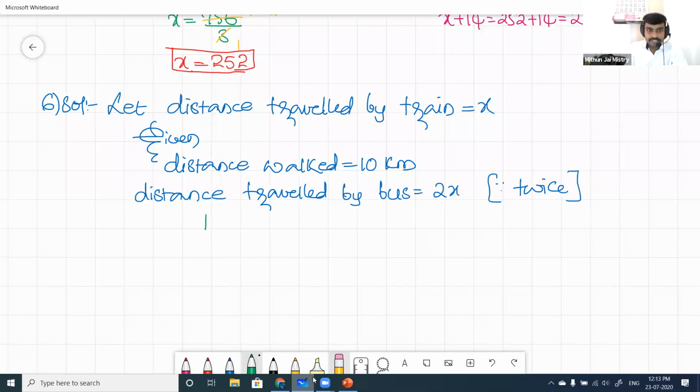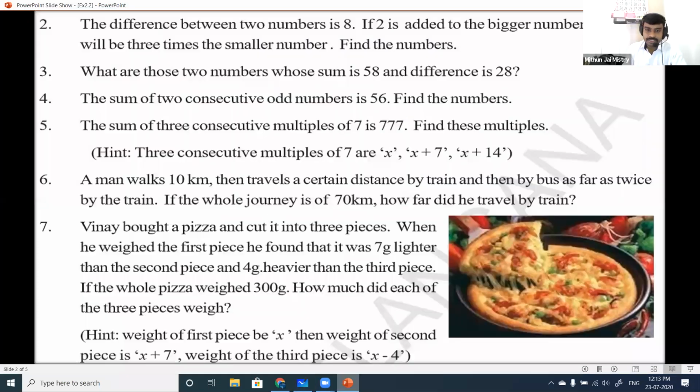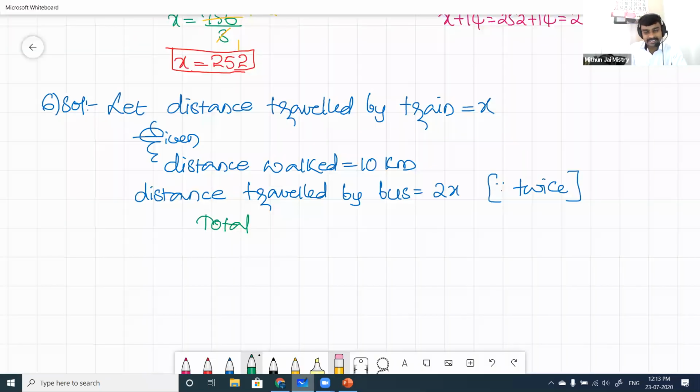Next, the total journey is given, right? If the whole journey, the total distance, is how much? 70 kilometers. So he has traveled by 3 means: first on foot, then by train, and thirdly by bus.